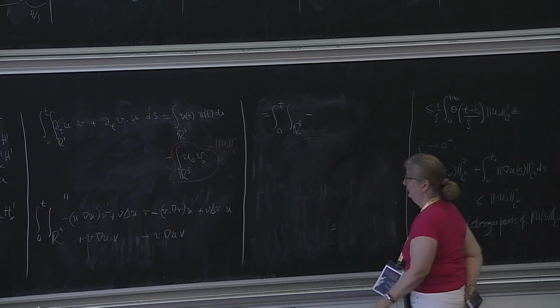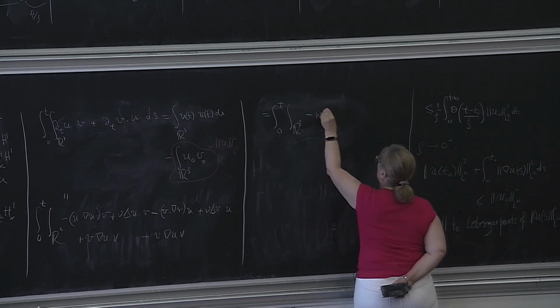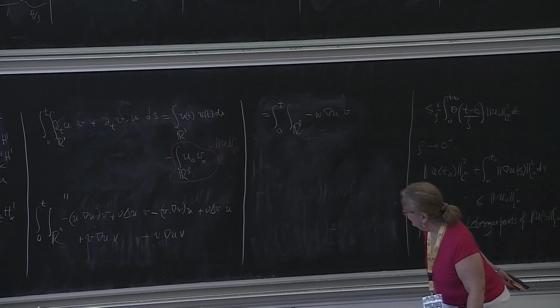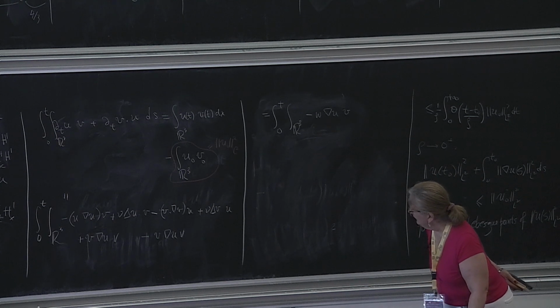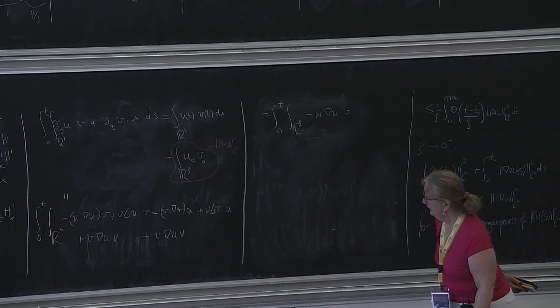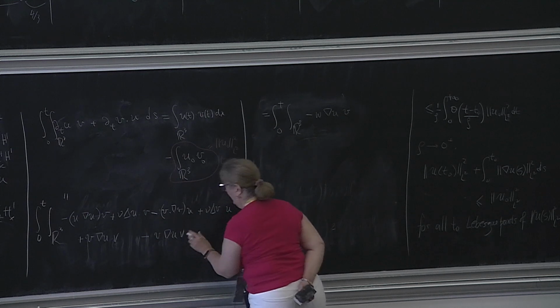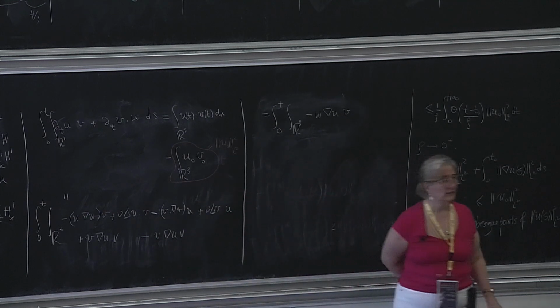So this is going to be minus w times v, and the other one, then I need to do an integration by parts. I want to put this v dot grad onto v.